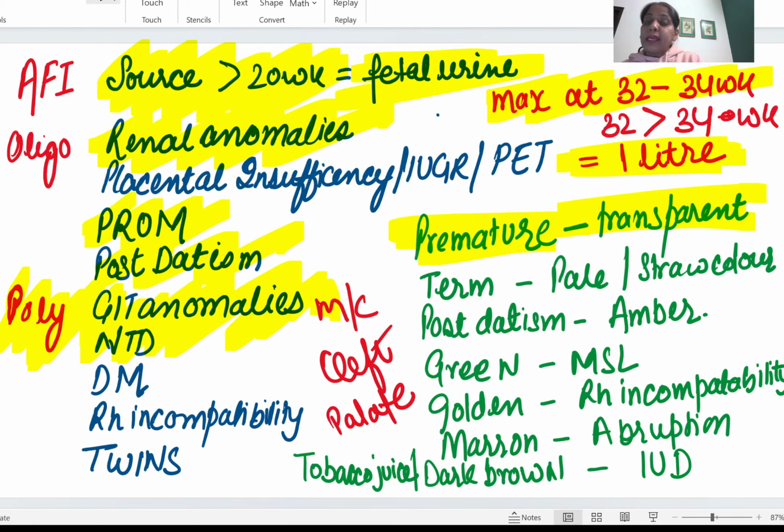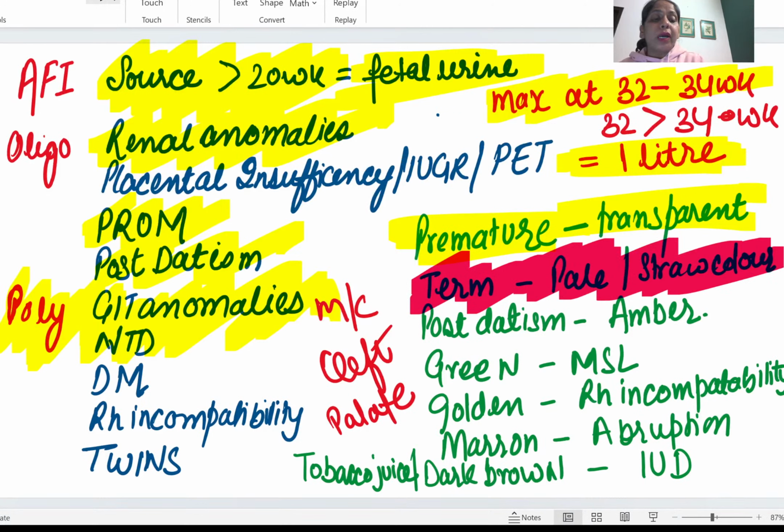After that it starts concentrating, or you can say it starts slightly decreasing. Thereafter, the color of the amniotic fluid at term, it is very important, at term the color is slightly yellowish.